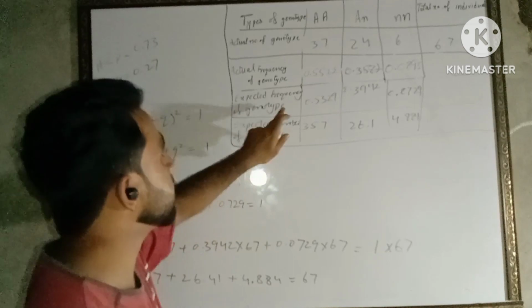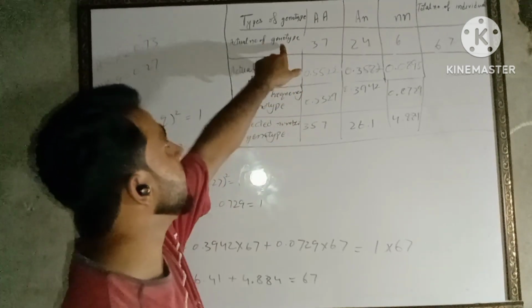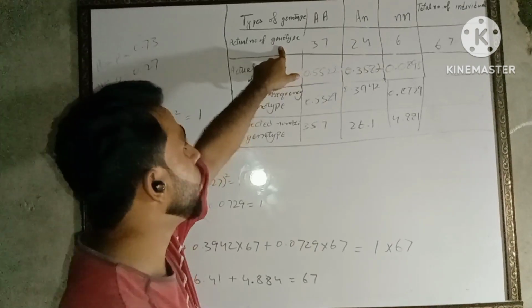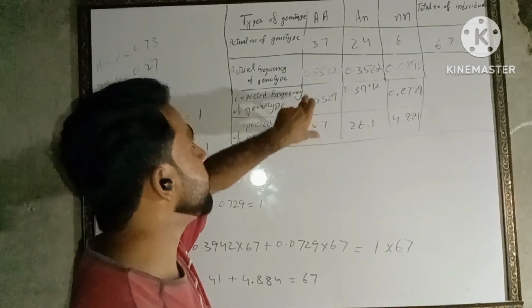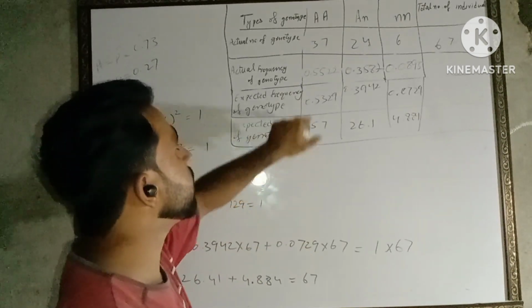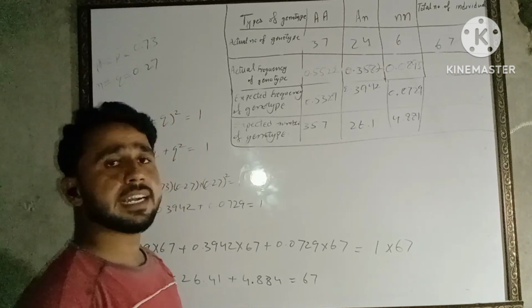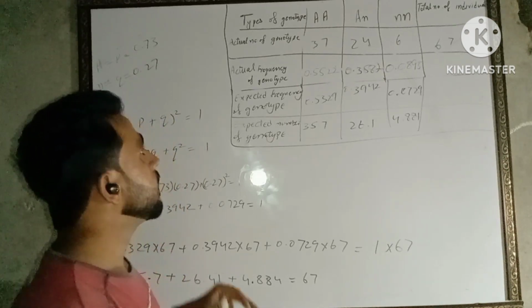Now compare the expected frequency with the actual frequency and the expected number with the actual number of genotypes. Okay, if expected frequency and actual frequency are equal and expected number and actual number are equal, then Hardy Weinberg equilibrium will be satisfied.